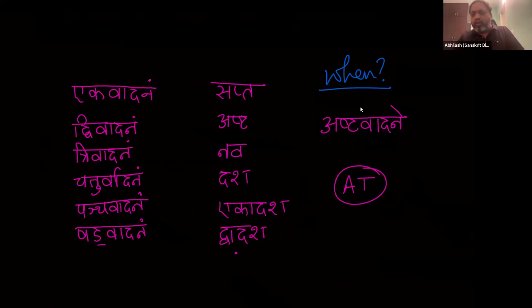Since I don't want to overwhelm you right now, I'm not giving you words for 30 past, 15 past, 15 before 8. There are words like that also. Once we get a hang of all of this, we will do that.